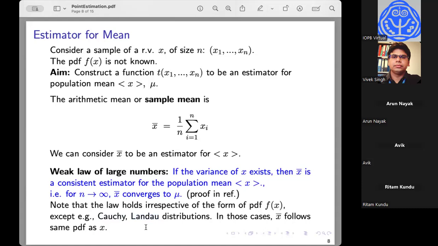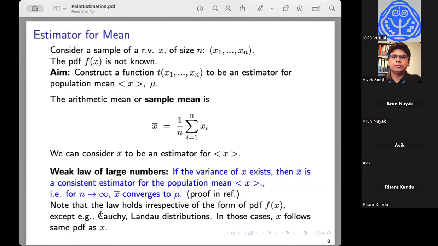Sir, why is the existence of variance a condition for this? Basically, this law is applicable only for those PDFs that have a finite variance. Cauchy and Landau don't have a finite variance. Because the Landau distribution has a very long tail, that's why you don't have a finite variance. Exactly.